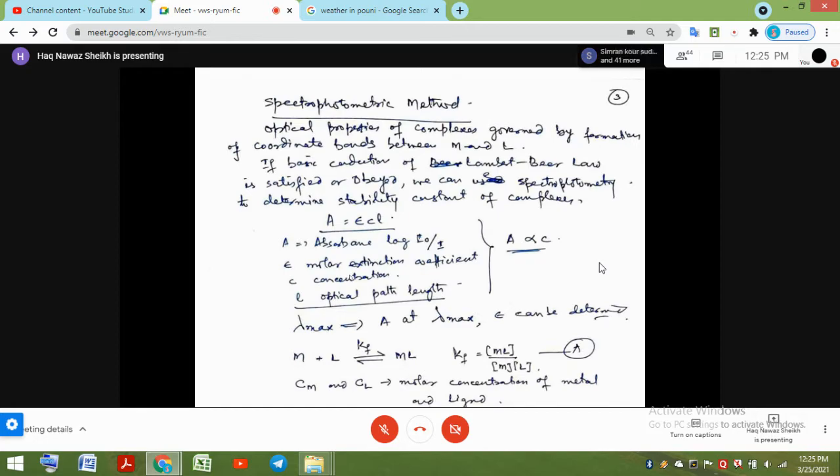we will see how a spectrophotometer can be used to determine the stoichiometry or composition of the complex along with the stability of the complex.